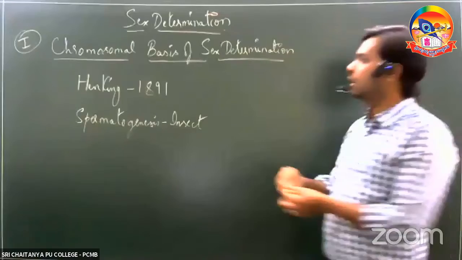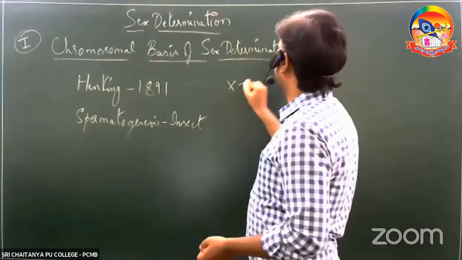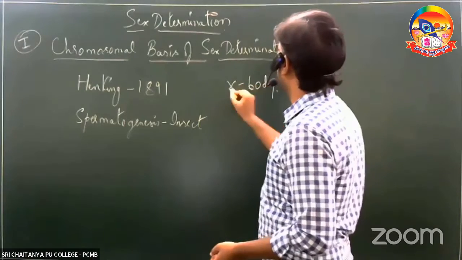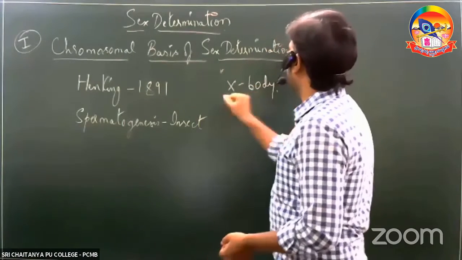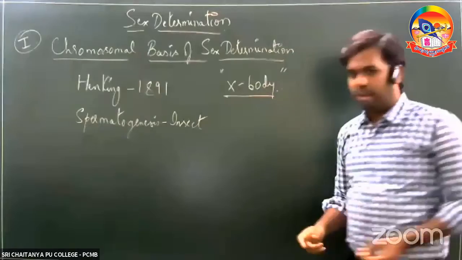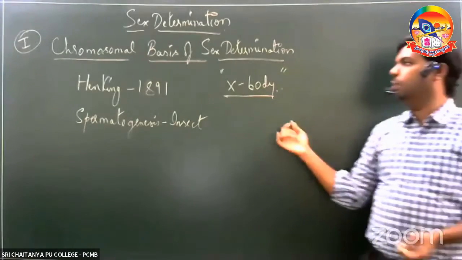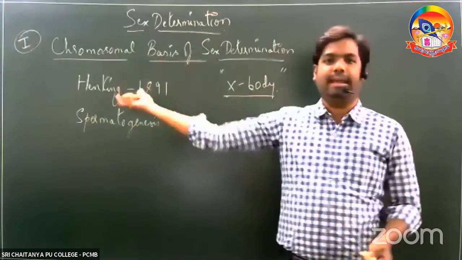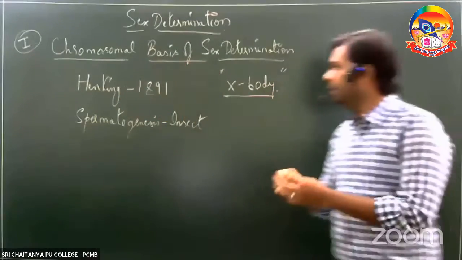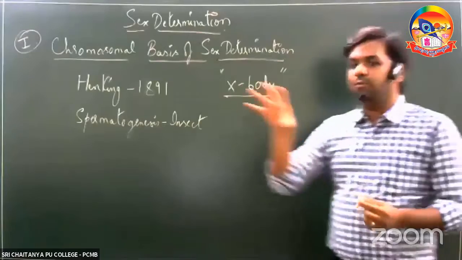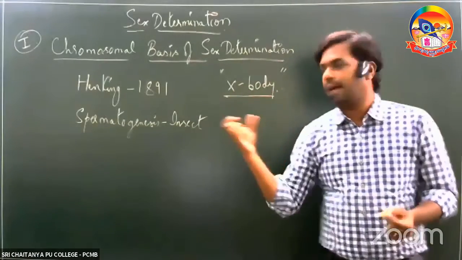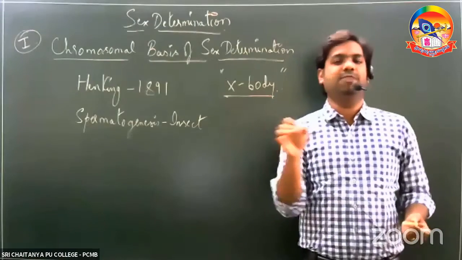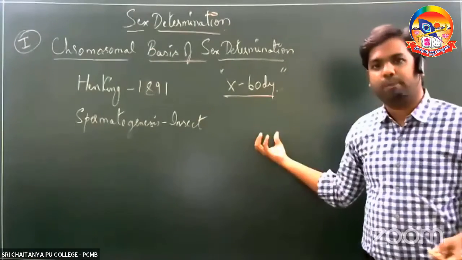That extra chromosome he called the X body. The remaining 50% did not have this X body.